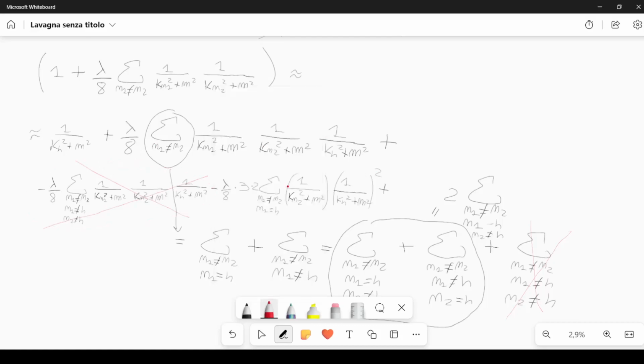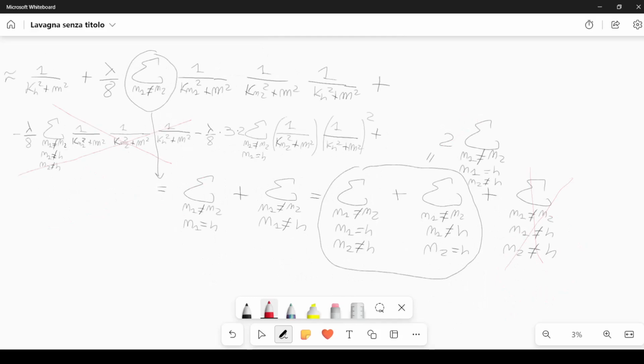This will be cancelled by this. Then you can see that this summation here can be put together with this summation here, because they are exactly the same. n1 equal to h and n2 not equal to n1 also means that n2 should not be equal to h. This is implicit, right? In order for these conditions to be satisfied.